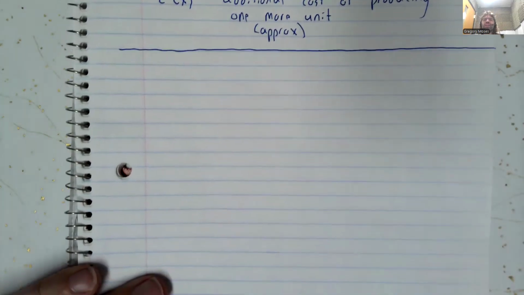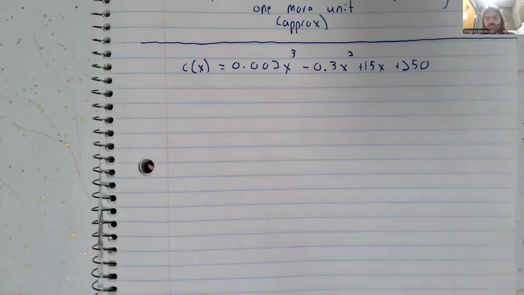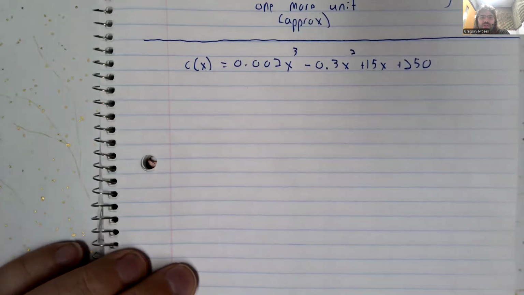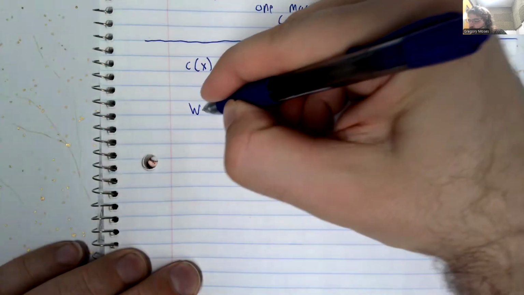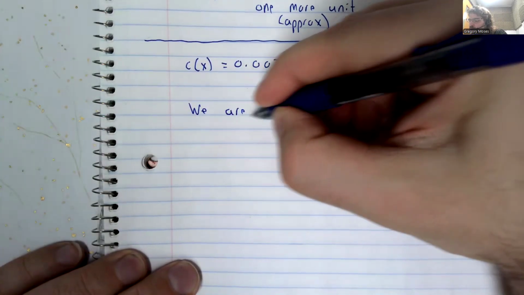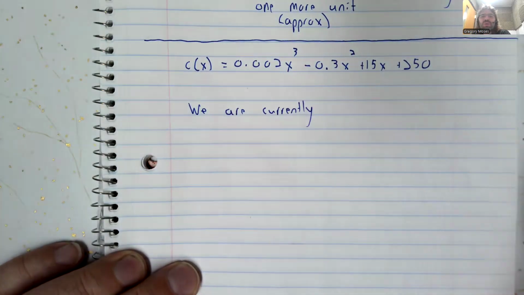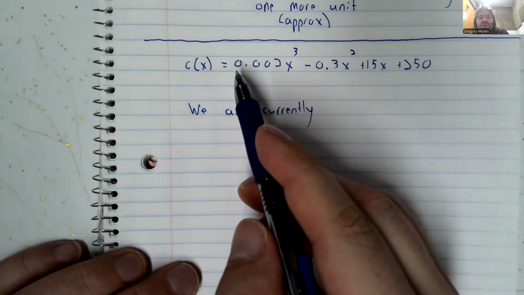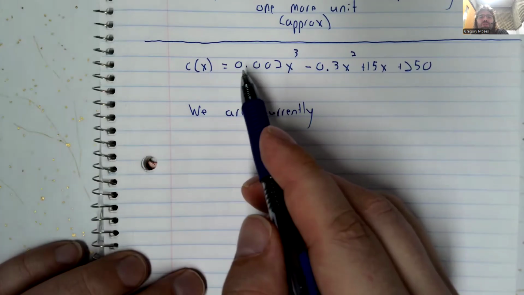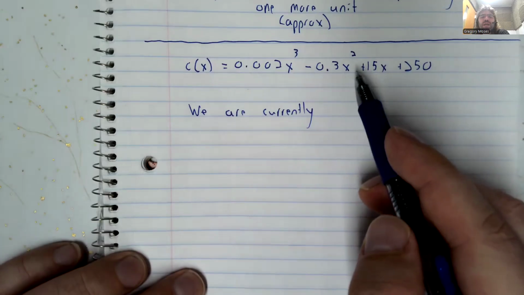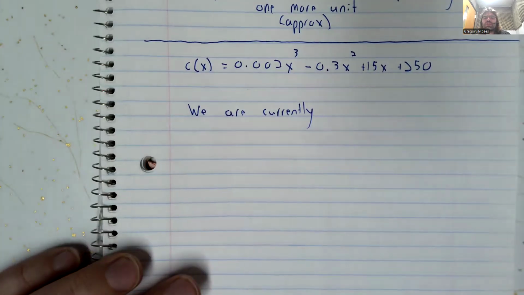So let's make up a cost function and try to see an example. Here's what we're envisioning with all of this. I have this polynomial. The details aren't super important, but C of x equals 0.002x cubed minus 0.3x squared plus 15x plus 250.